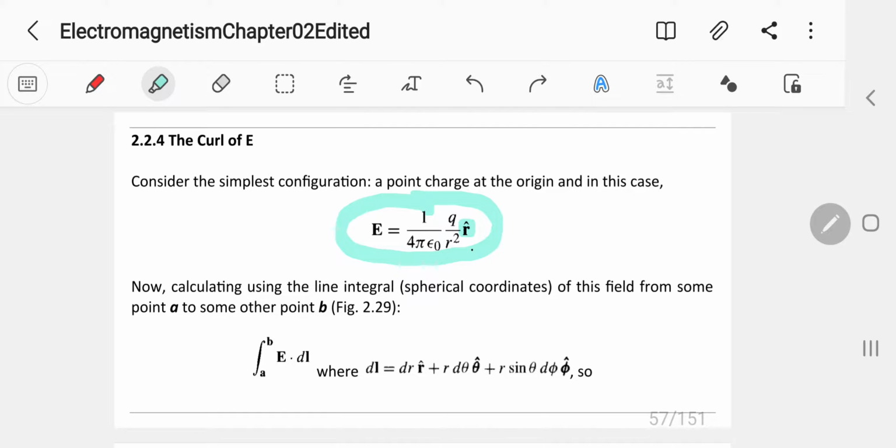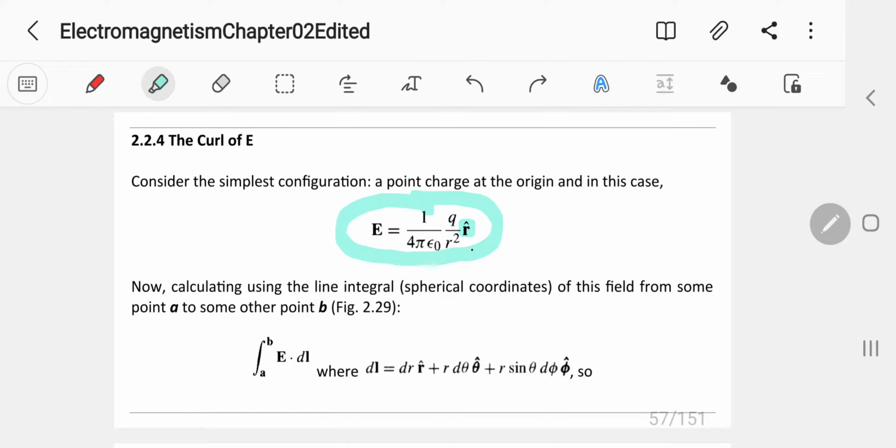Now we calculate the line integral of this field in spherical coordinates from point A to point B. So of course, if they are different, point A would have a distance RA from the center, and point B would be a distance RB from the center. They may be equal, but of course we must assume here that they are not.